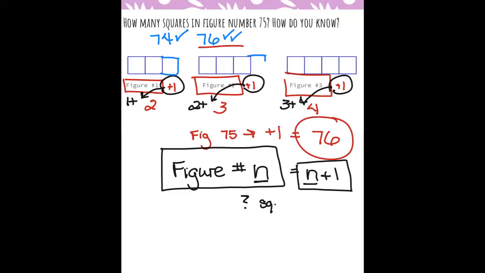It would look like this, and the pattern is no longer figure number plus 1. It would be figure number plus 2. So this is all about recognizing a pattern and generalizing it to any value of n. Okay? All right.